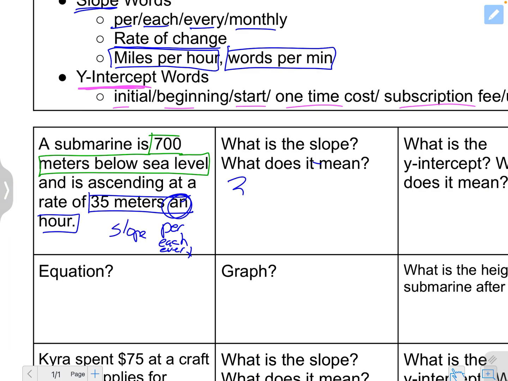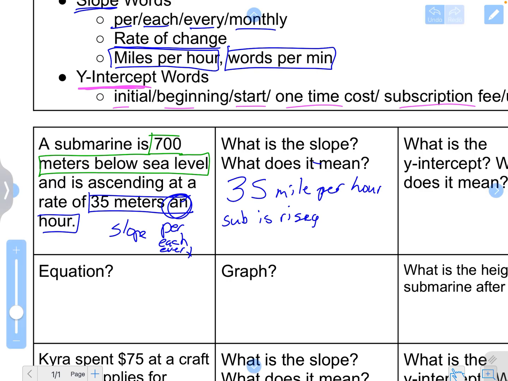So my slope is 35 meters per hour. What it means in context of the problem is that the sub is rising higher at a rate of 35 meters per hour.